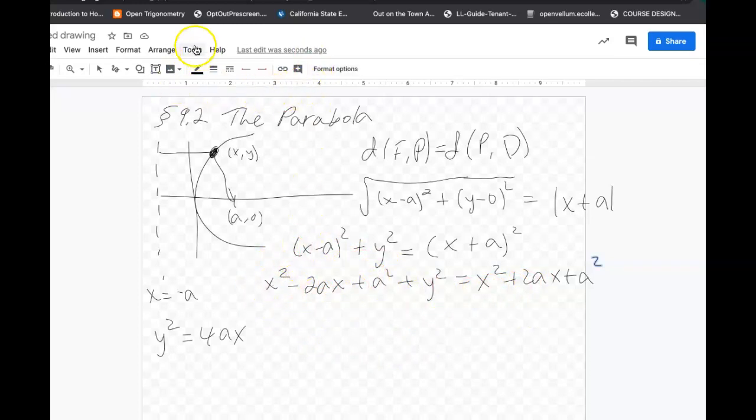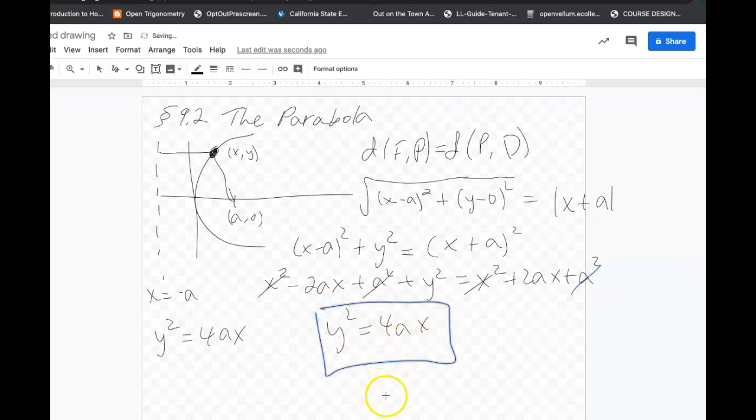We'll see that the x squareds cancel, and then add 2ax to both sides, which is going to give us y squared equals 4ax, and then we would want to subtract a squared from both sides. That's going to make the a squareds cancel, and now we've come up with that equation of the parabola.